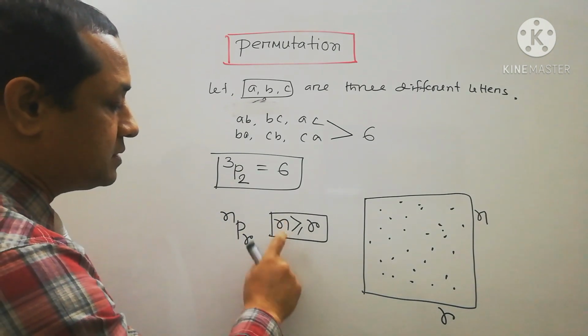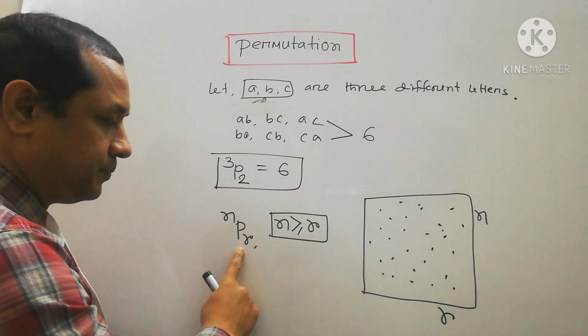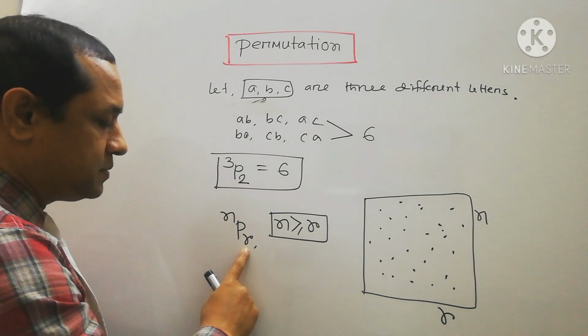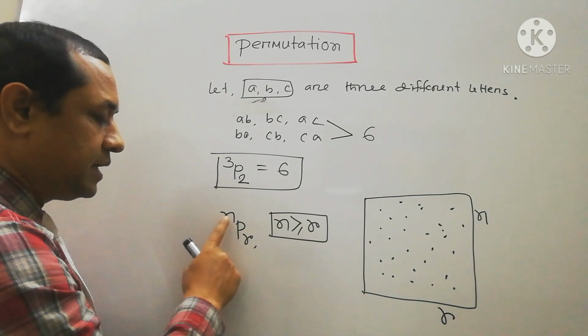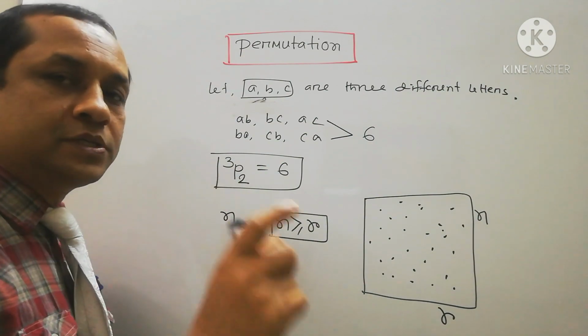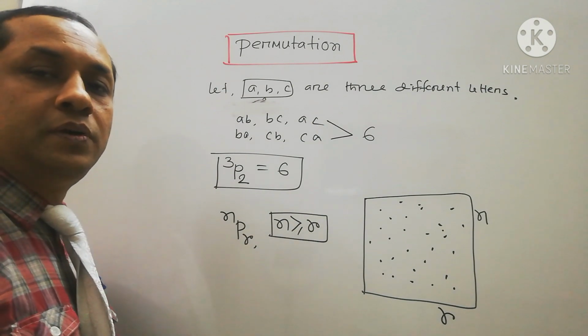Students, attention please, it is a very important condition. The total number of things is n and taken r at a time, so it is denoted by nPr, number of arrangements nPr.